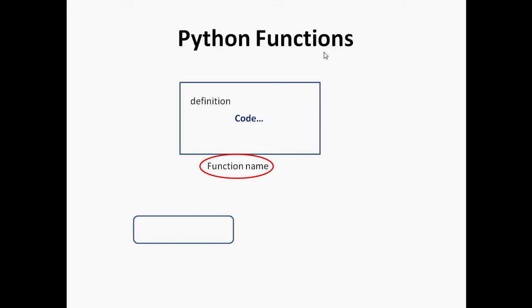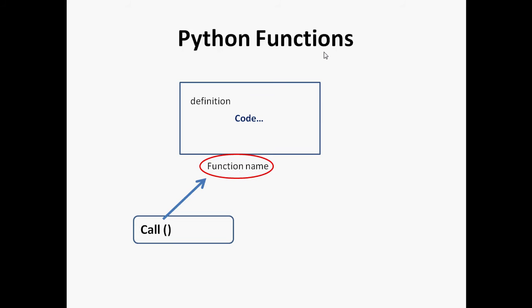You can call this function with its name whenever it is required in your program. To call this, you need the name of the function followed by the brackets. On calling this function name in our program, this piece of code executes.